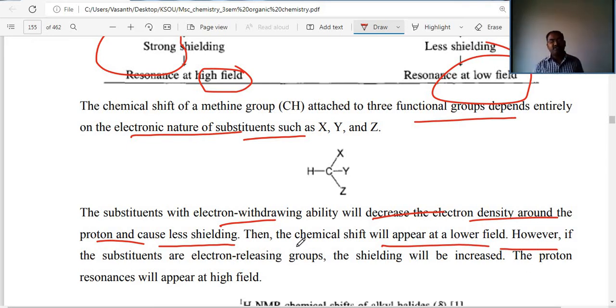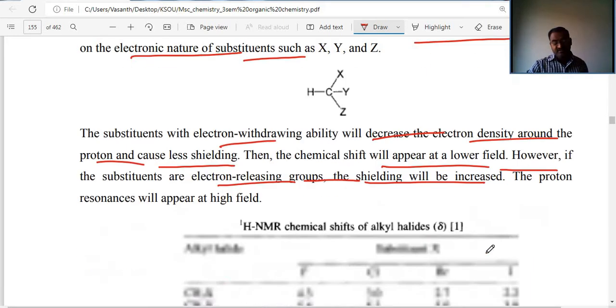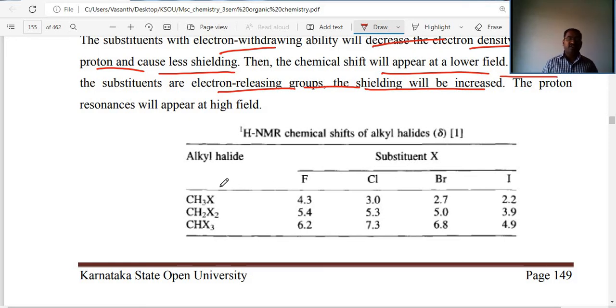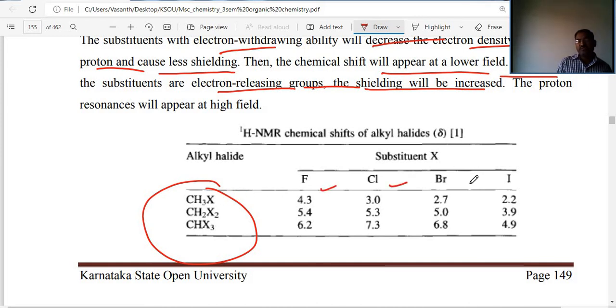However, if the substituents are electron releasing groups, the shielding will be increased and the proton resonance will appear at a high field. These are the different alkyl halide molecules, CH3X, CH2X, with increasing electronegativity of the halogen substituents.